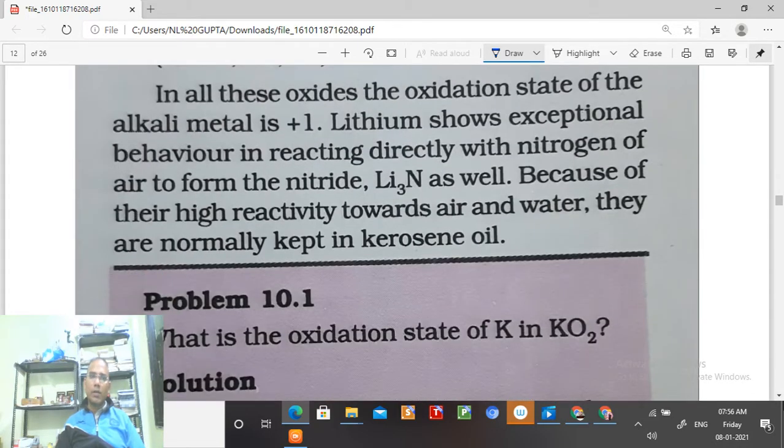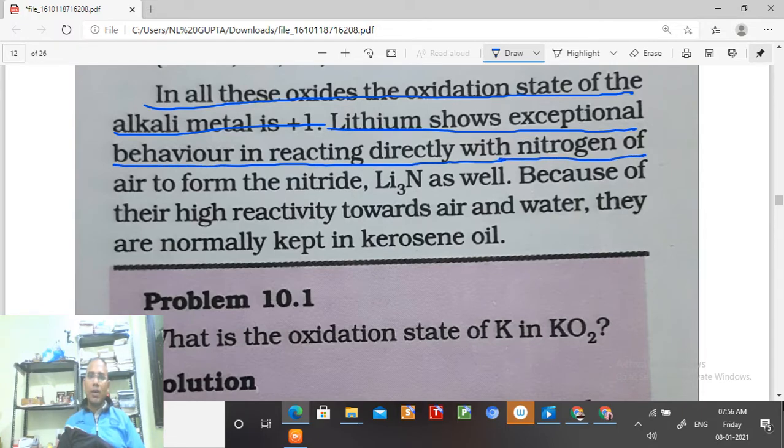In all these oxides, the oxidation state of the alkali metal is +1. Lithium shows exceptional behavior in reacting directly with the nitrogen of the air to form the nitride, Li3N.